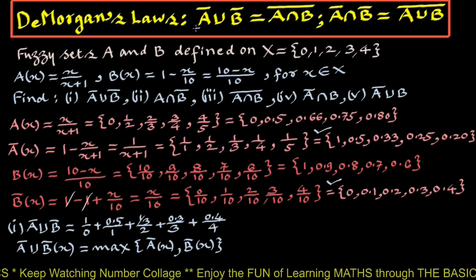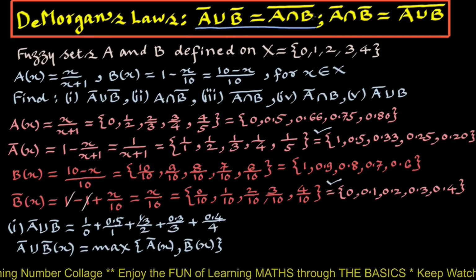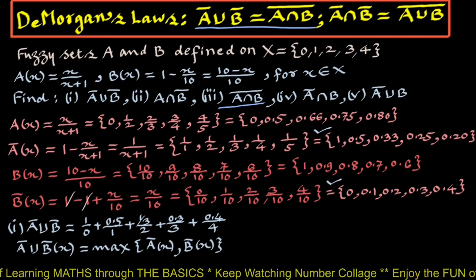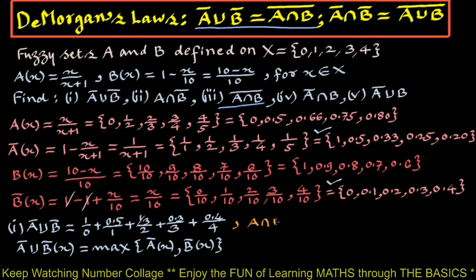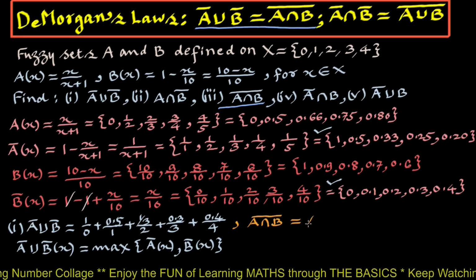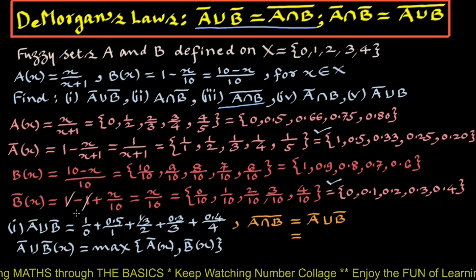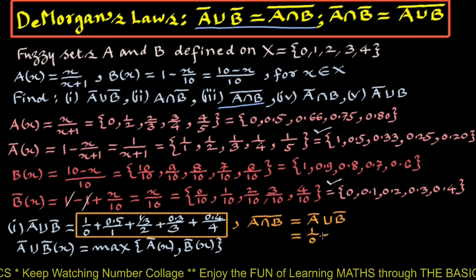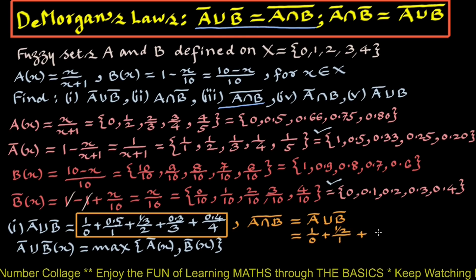From De Morgan's law, A bar union B bar equals A intersection B whole bar. From this law, we write the answer to the third question, A intersection B whole bar, which will be A bar union B bar, same as what we have just found out, 1 upon 0 plus half upon 1 plus etc.